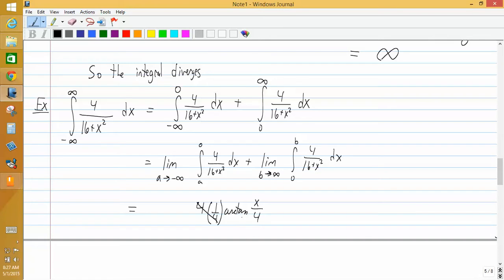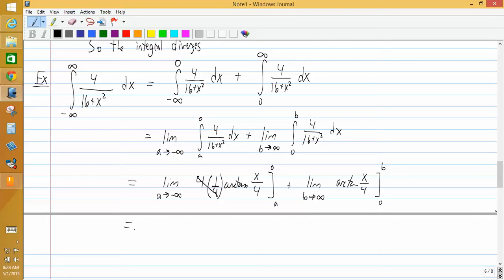So it looks like I'm going to have arctan x over 4. That's going to be my answer for both integrals. So this is going to be the limit as a approaches negative infinity of arctan of x over 4 evaluated from a to 0, plus the limit as b approaches positive infinity of the same thing, arctan x over 4, but now evaluated from 0 to b.